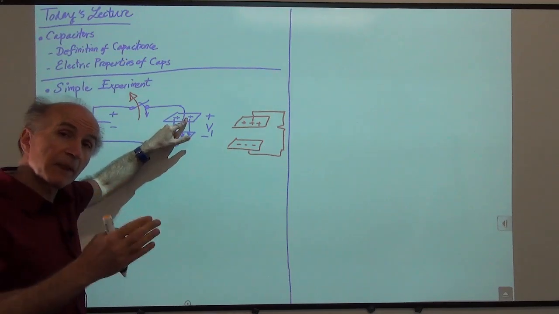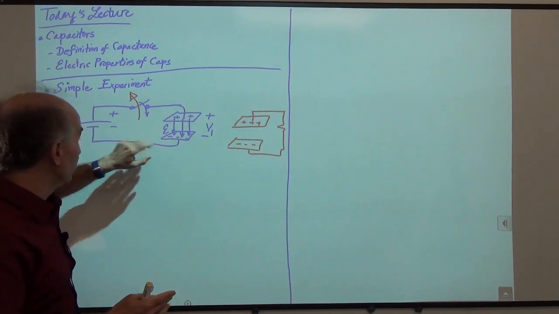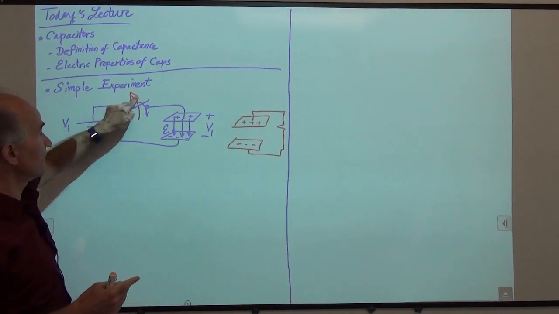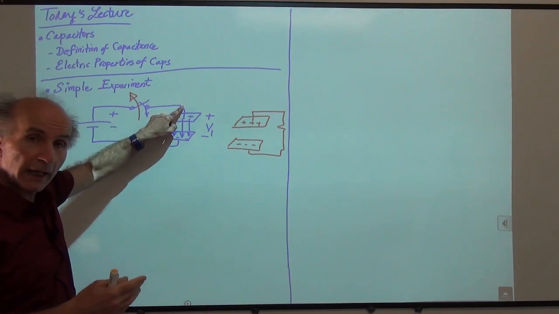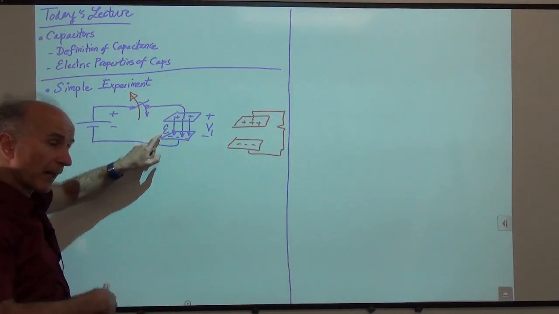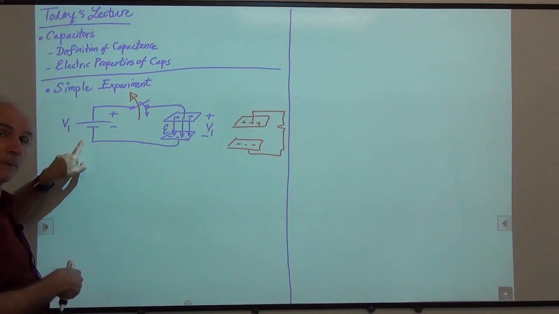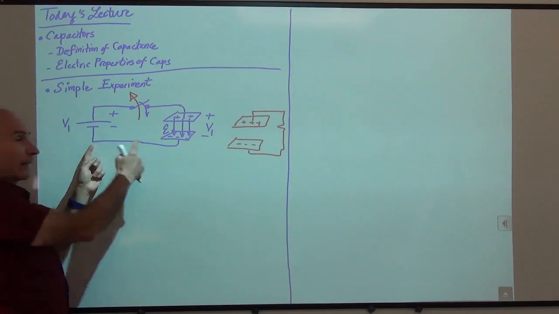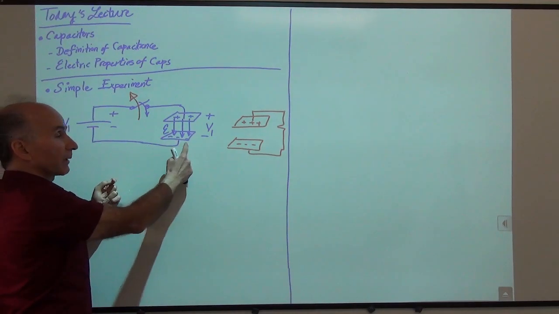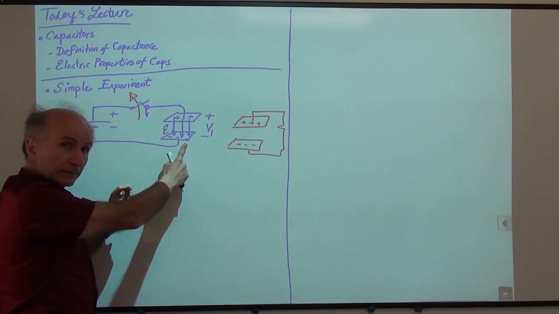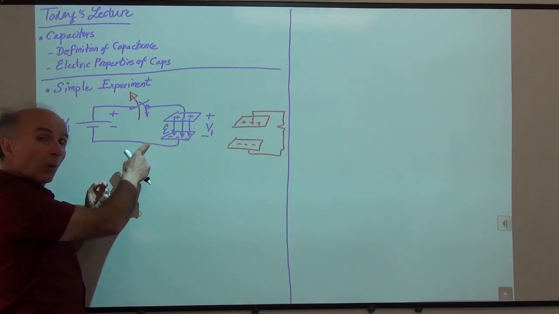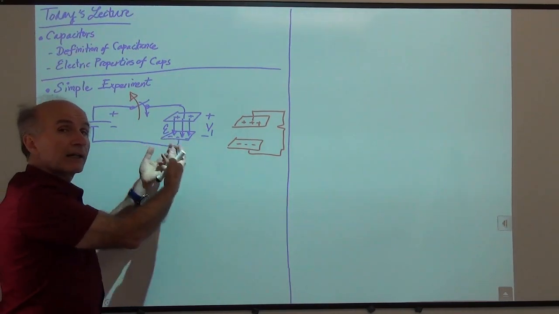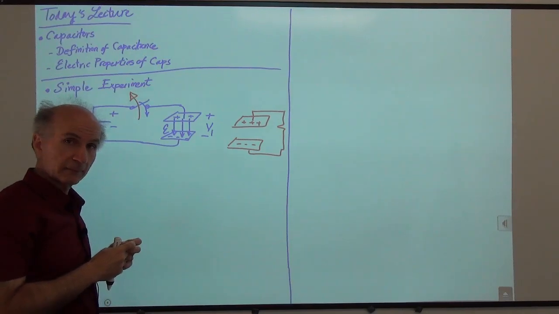And the charge must be conserved. So if I'm taking positive charge out of this battery this way, I have to bring positive charge back to the battery this way. So if I bring positive charge this way, I am taking positive charge from this plate of the structure. And if I take positive charge away, I leave behind negative charge, right?